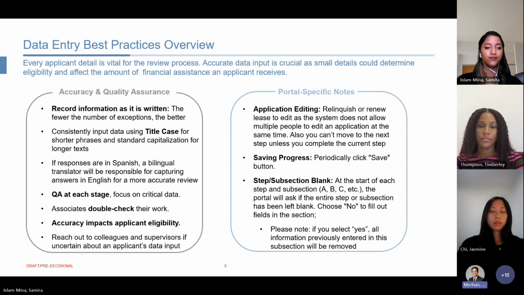But it should be just entering what you see. There shouldn't be any interpretation. So I just want to reiterate that that's a key component of success for data entry.